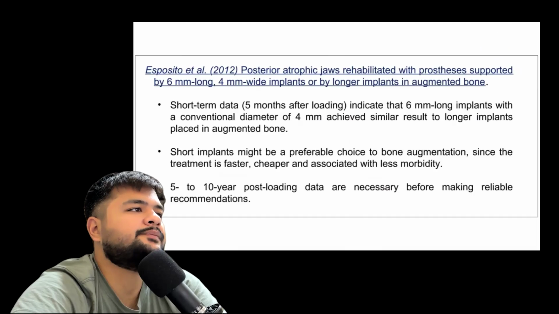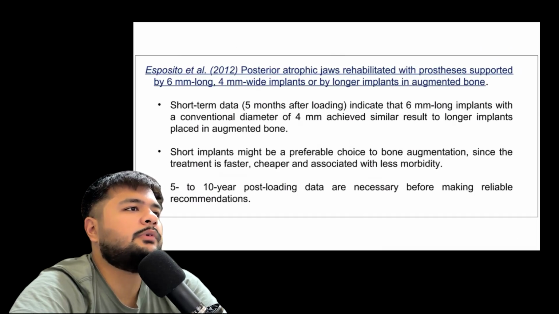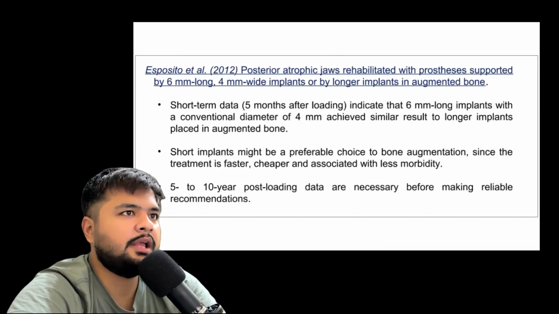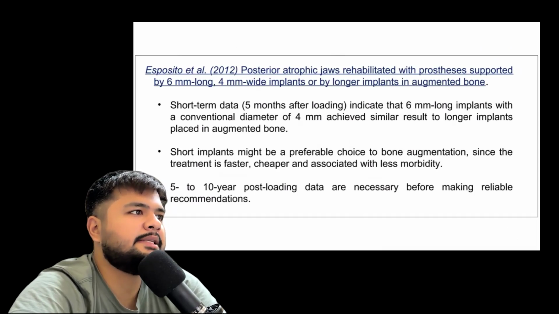So this was an article in 2012 by Esposito et al. Posterior atrophic jaws rehabilitated with prosthesis supported by 6 mm long, 4 mm wide implants or by longer implants and augmented bone.